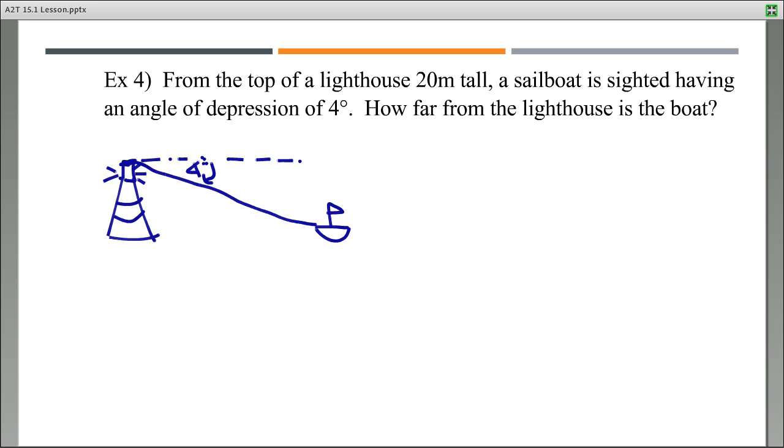That's that guy. There's your angle of depression. And they also give us that the height of the lighthouse is 20. So we got that. How far from the lighthouse is the boat? We got a right triangle. X is what we want to find. All right, so this is the one where you're going to use that.